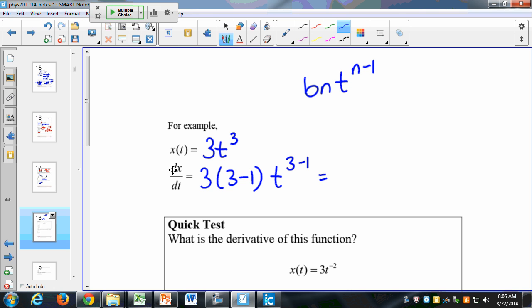So that's going to be 9t squared. So that's my derivative of a polynomial. And mostly we're just going to be dealing with polynomials. Later in the semester we might use trig functions as well, but we'll address that when we get there. Okay? Oh no, we're going to address that here. We'll also look at the chain rule.